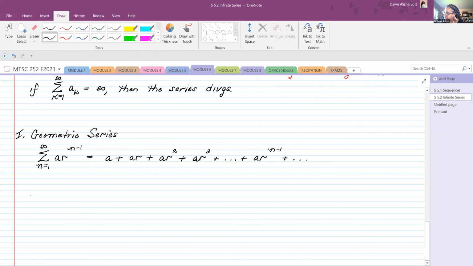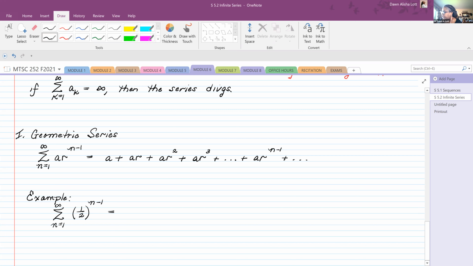So for example, the sum n equal 1 to infinity. I'm going to let a be 1. So I'm just going to get (1/2) to the n minus 1.